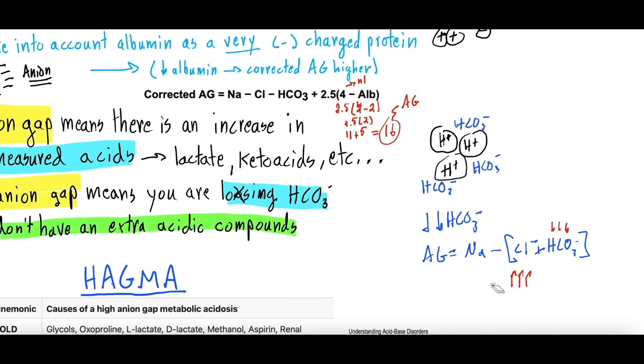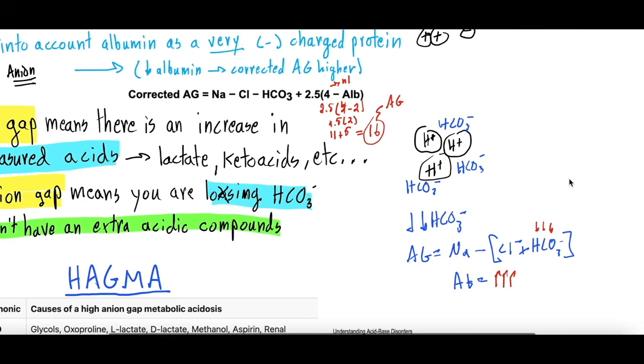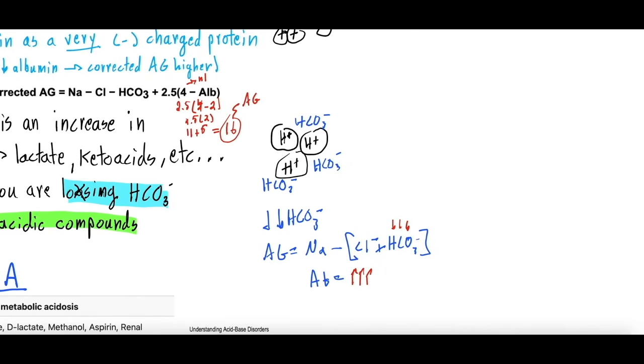This is in contrast to, actually we'll just leave this up and we'll scroll to the right. This is in contrast to a non-anion gap. So in an anion gap, you have extra acid, and this will be helpful to think about when we talk about the differential diagnosis of anion gaps. So you have extra acid, right? And this is an anion gap metabolic acidosis, an AGMA. A non-anion gap, ooh, that's very lagged, apologies.